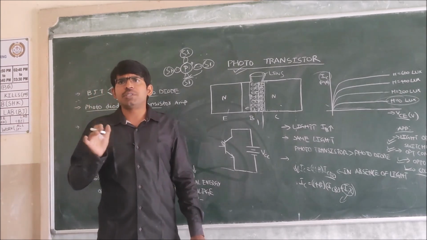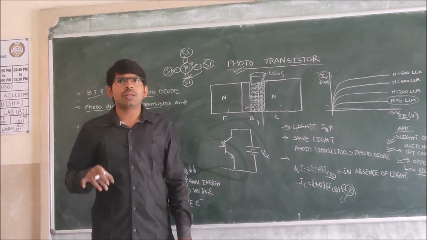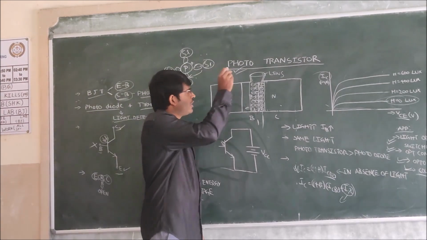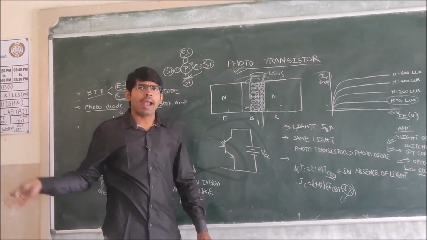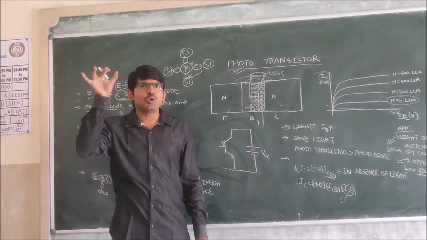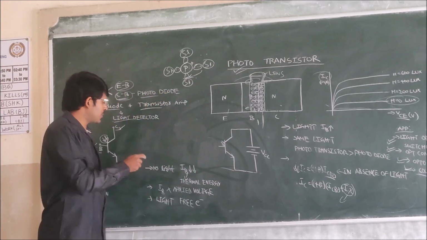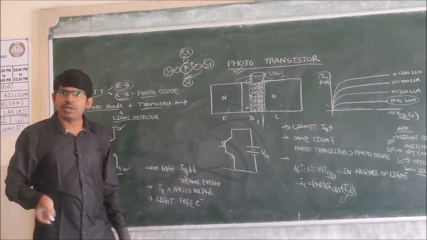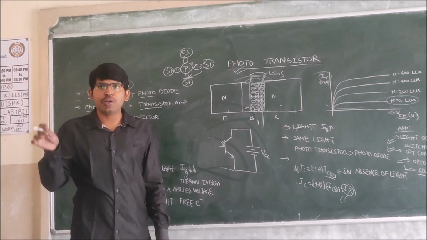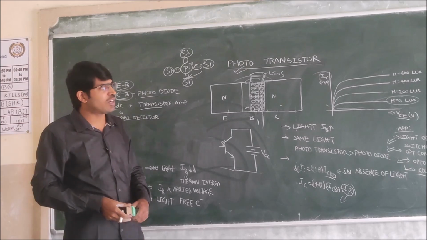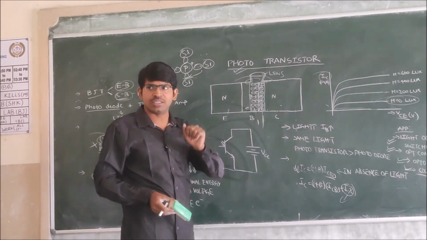We have discussed that the phototransistor is like a normal BJT, but the exceptional phenomenon we have introduced is that we are adding the ability to take in light, which is represented with these arrows. So it is a normal BJT plus the ability to receive light, and it is converting that light energy to electrical energy.